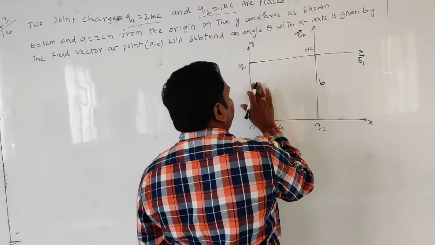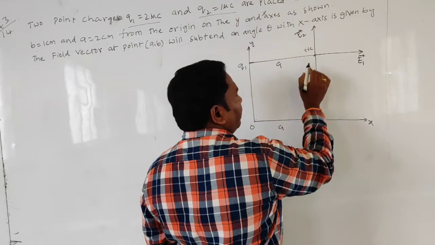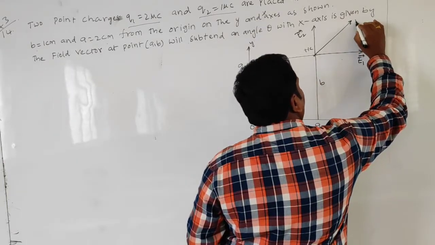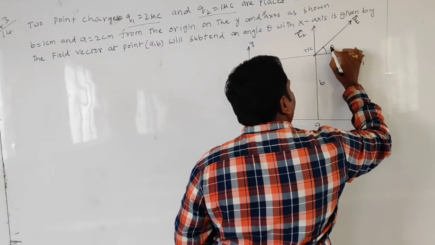This is B and this is A. Now the resultant electric field E resultant makes an angle theta.